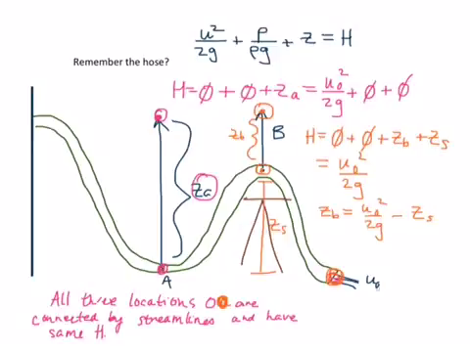So what we could say then is that z sub b equals z sub a minus z sub s. So in other words, z sub s plus z sub b equals z sub a. So what we see actually is that in this particular case, the two sprinklers rise to exactly the same height. Okay?